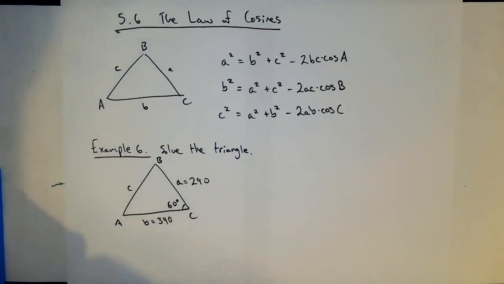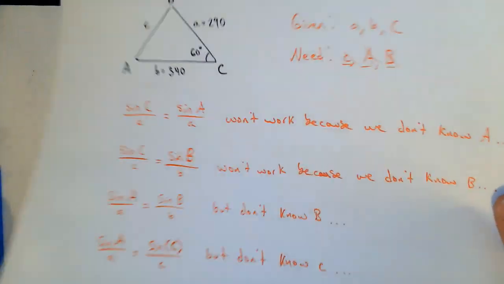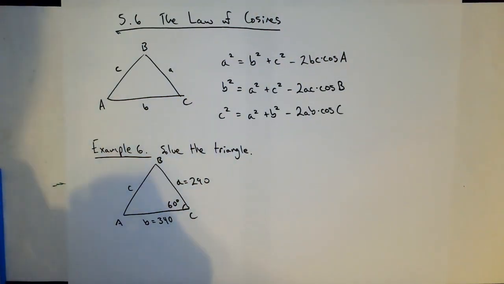So we already know the law of sines doesn't work, right? We tried the law of sines. So let's use the law of cosines to find one of these missing pieces that is being a nuisance.